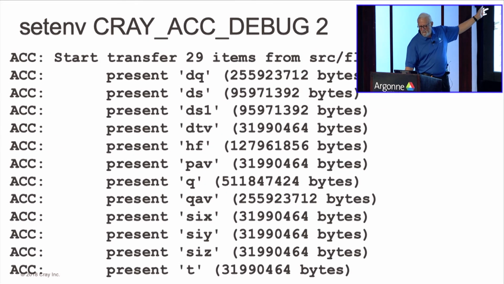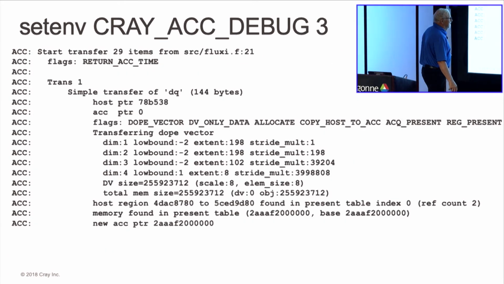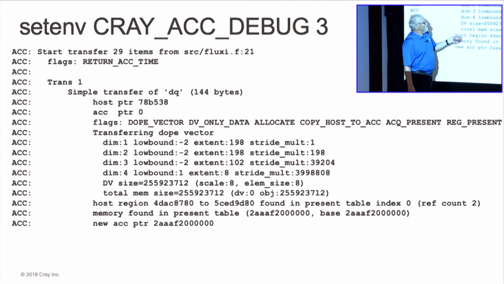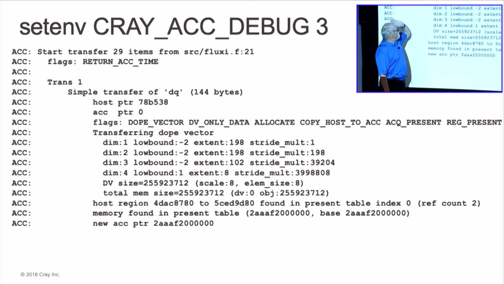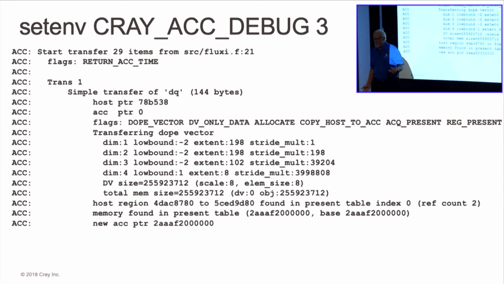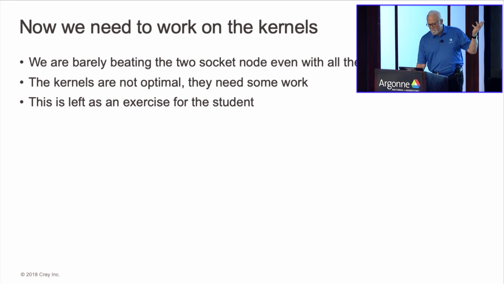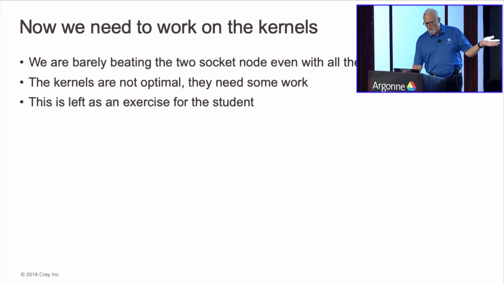Level 1, 2 does a lot more, and 3 gives you everything plus the kitchen sink. So it gives you the strides, the lower and upper bounds, the size and everything. So the kernels are not optimal, and this is left as an exercise for you.